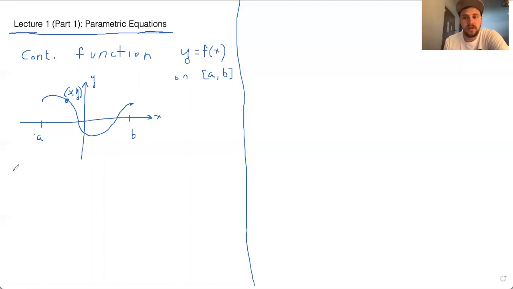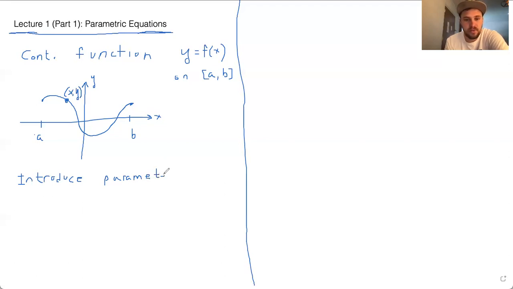What we can introduce now is a parameter. The parameter is going to be an independent variable, and we'll call this parameter t. Intuitively, it's helpful to think about it as time sometimes.